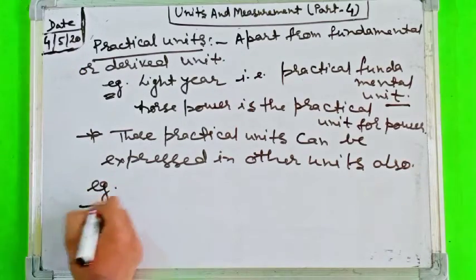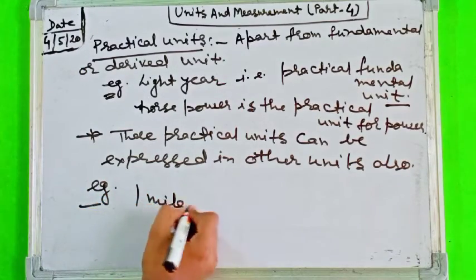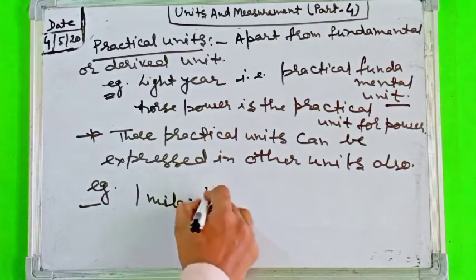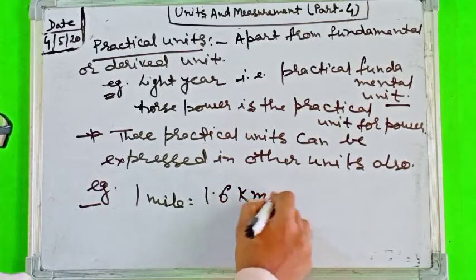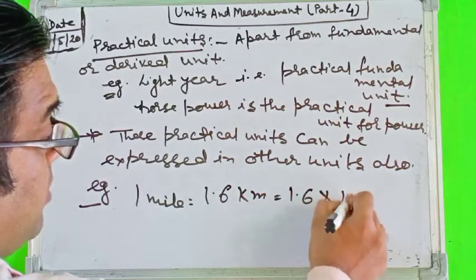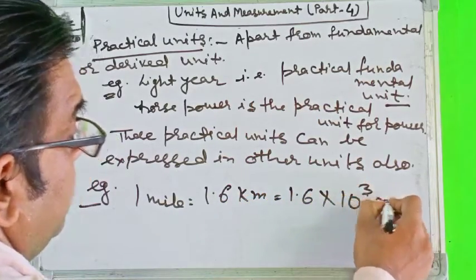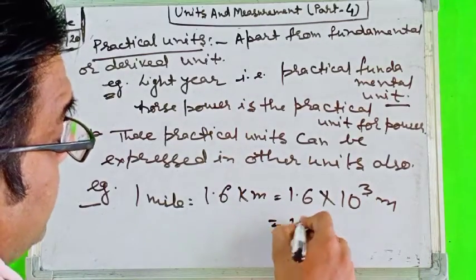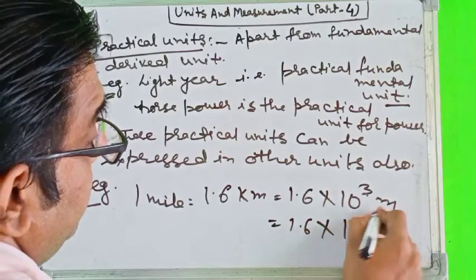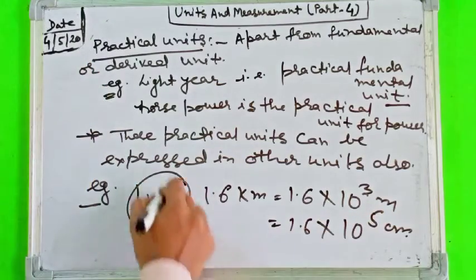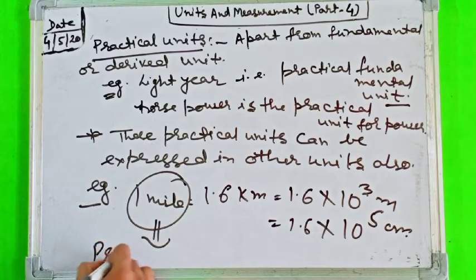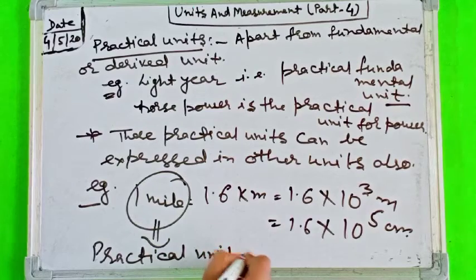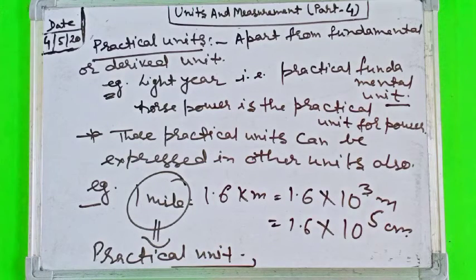Example of that: 1 mile can be written as 1.6 kilometer, 1.6 into 10 to the power 3 meter, or 1.6 into 10 to the power 5 centimeter. So 1 mile is a practical unit.